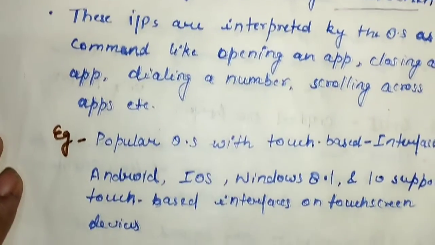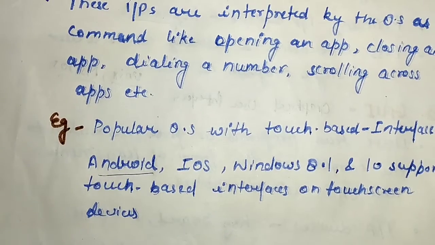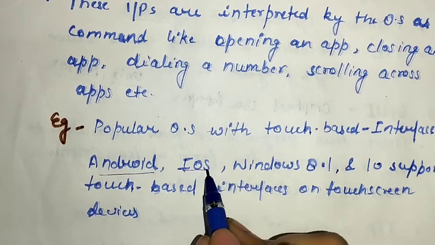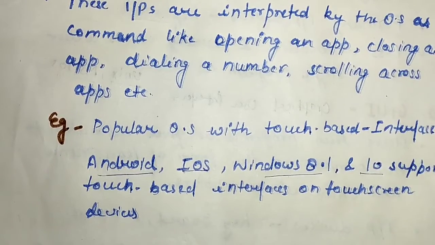So there are some examples of touch based interface. In Android we used touch based interface, iOS, Windows 8.1 and 10 that support the touch based interface on the touch screen devices.